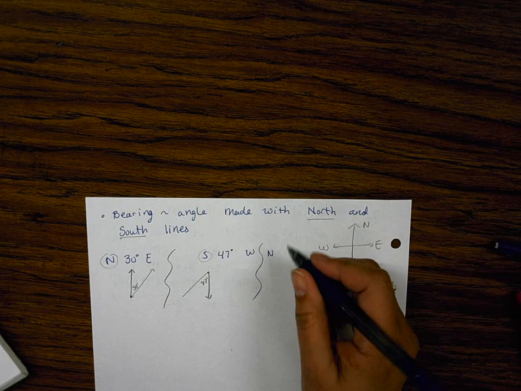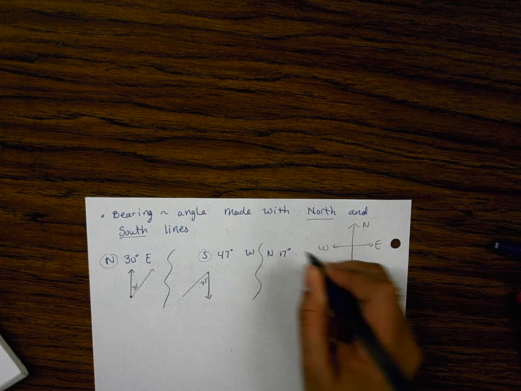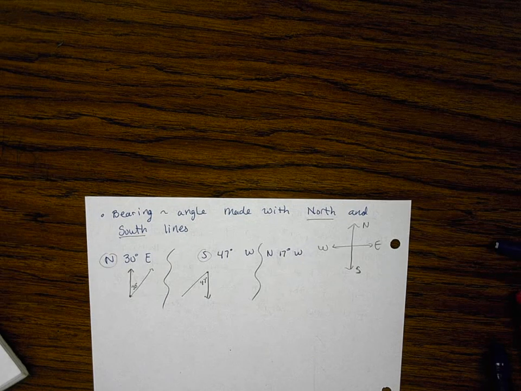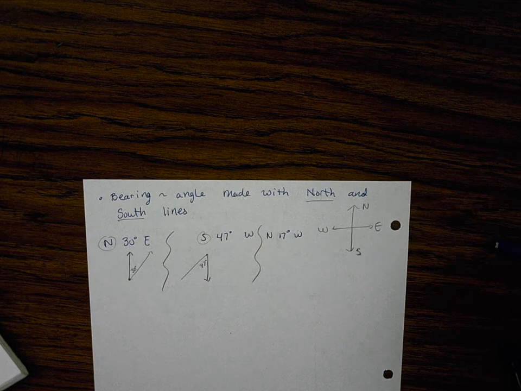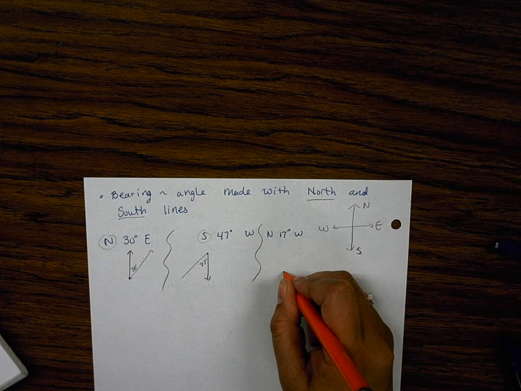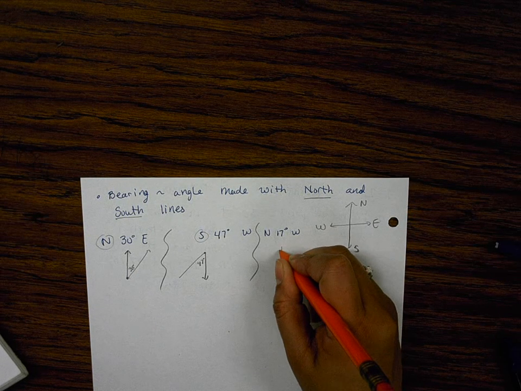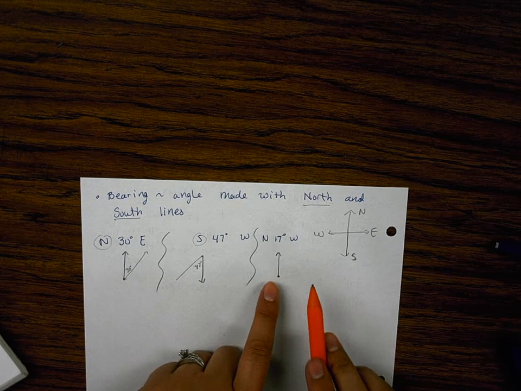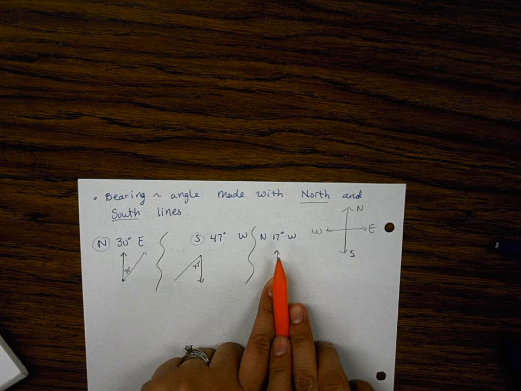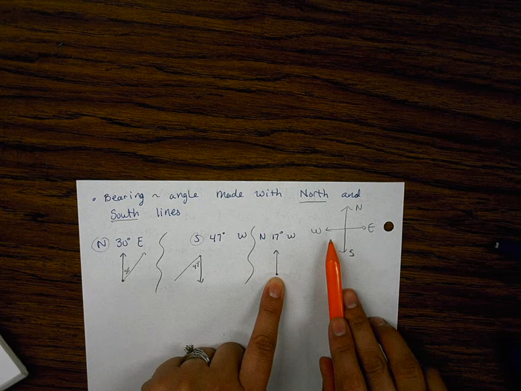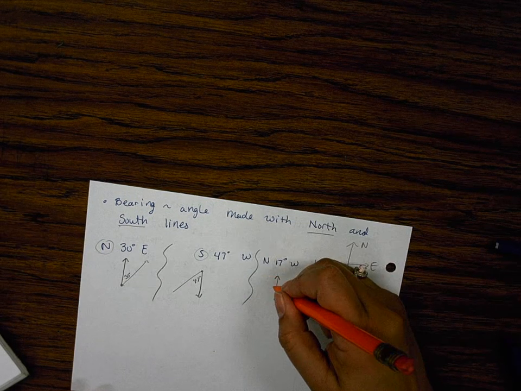All right, let's try one more. North 17 degrees west. Okay, so here's my dot. My arrow going north is going upward. Again, picture a little tack here, and you're going to swing that arrow right or left.